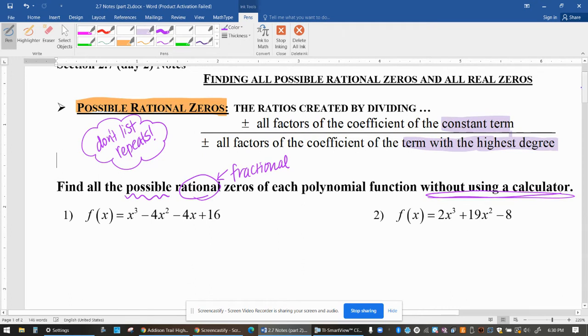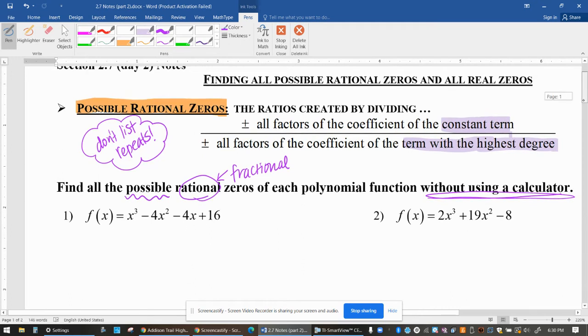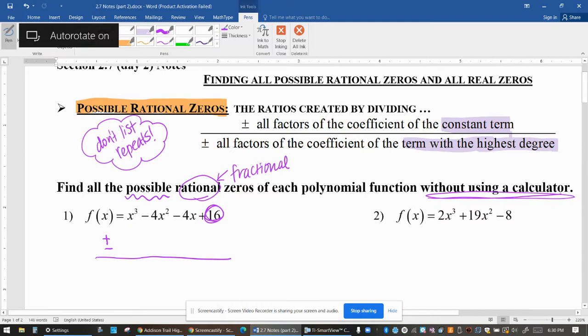So what we would do is create a ratio. Remember, a ratio is a fraction. Create a ratio of the positive and the negative factors of the constant term. Your constant term would be your 16. So what numbers are the factors of 16?